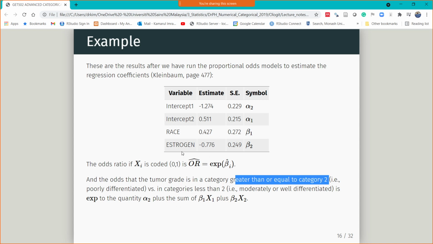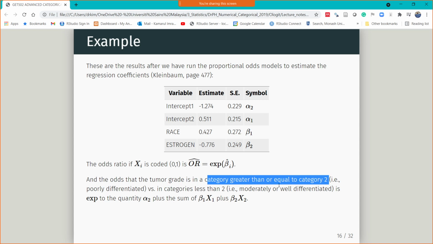If you have 1 for the value of estrogen, then you have the log odds of minus 0.776 to be in the category greater than or equal to category 2, which is poorly differentiated.